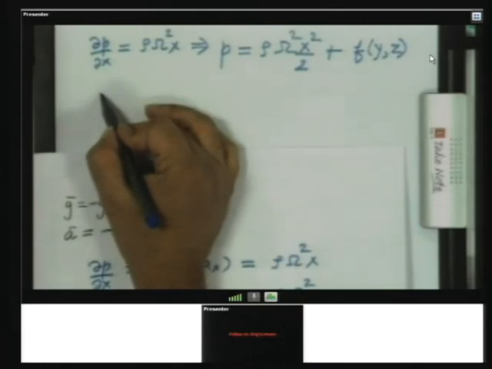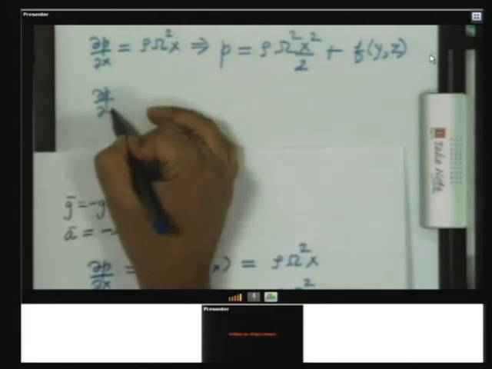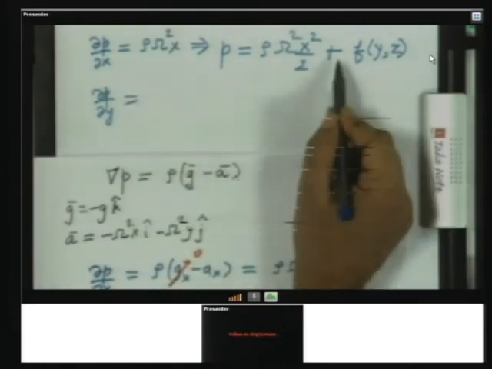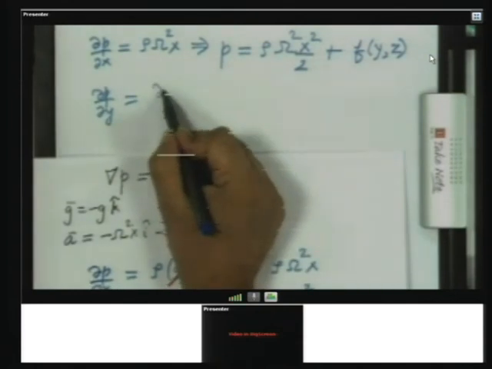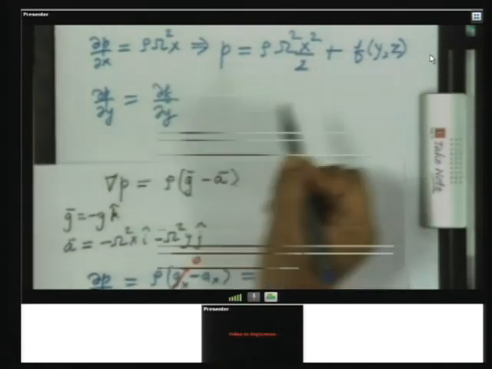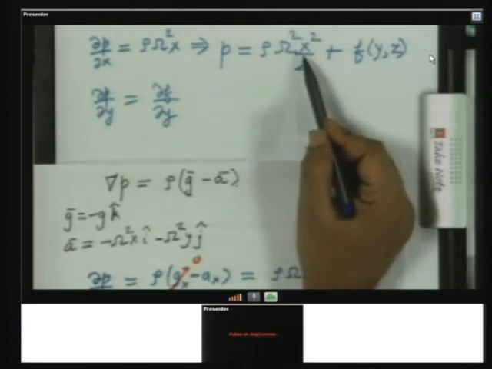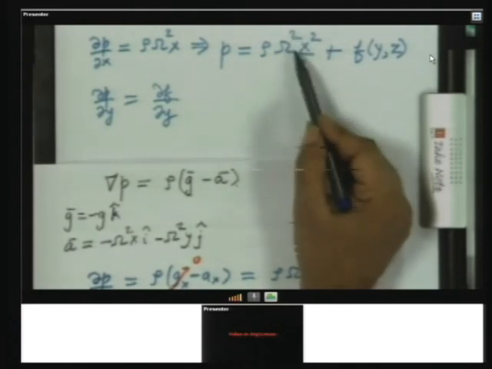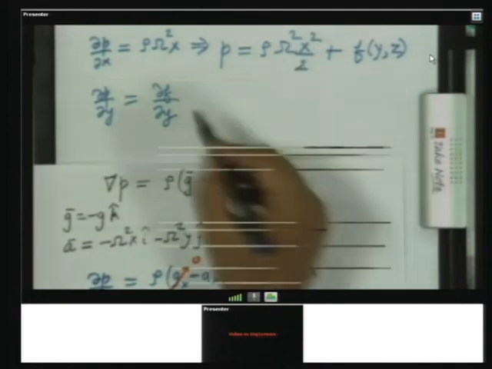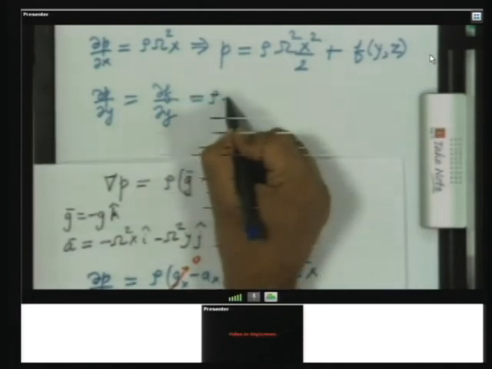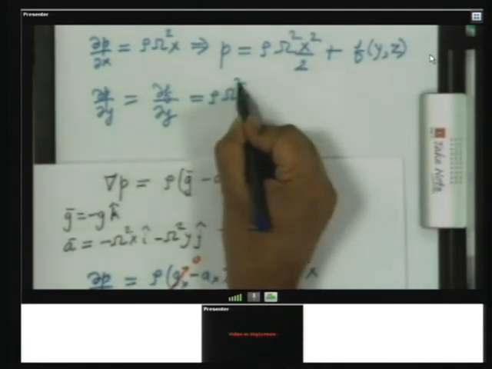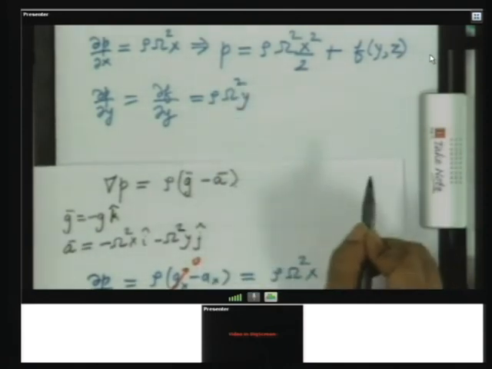So, let us find what del p del y is. Del p del y from this equation is del f del y. Since x, y and z are independent coordinates, del del y of the first term is 0, and this we know must be rho omega squared y, that is the second equation which we have found.